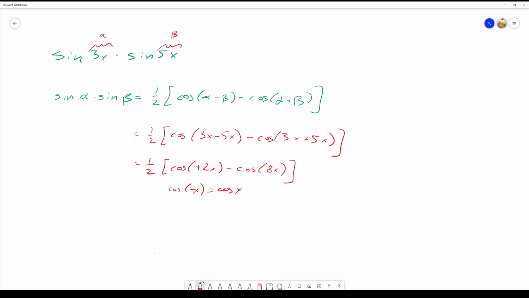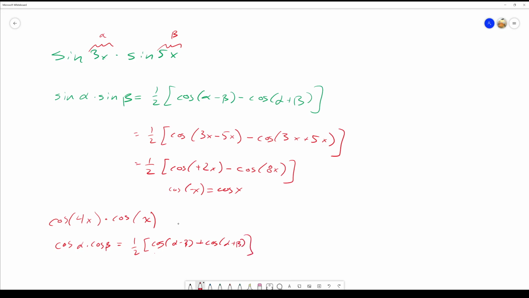So let's try another one. Let's try the cosine of 4x times the cosine of x. The appropriate formula here is cosine alpha times cosine beta equals 1/2 of the cosine of alpha minus beta plus the cosine of alpha plus beta.